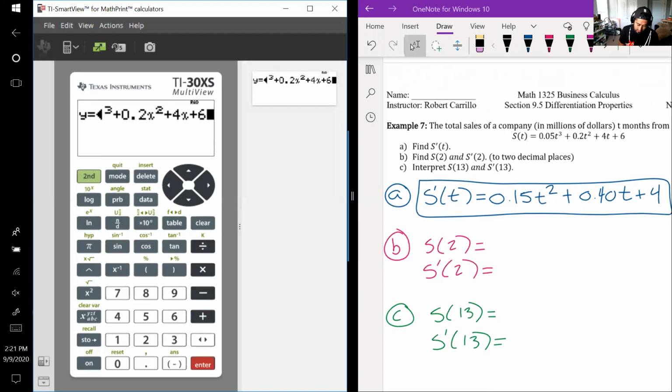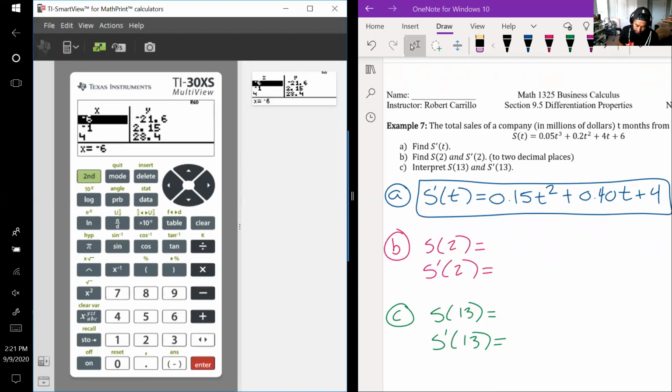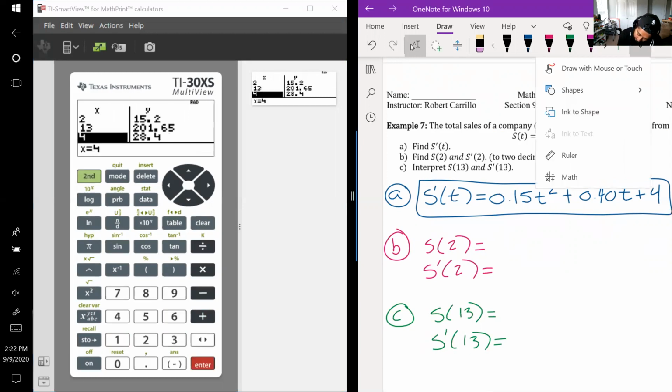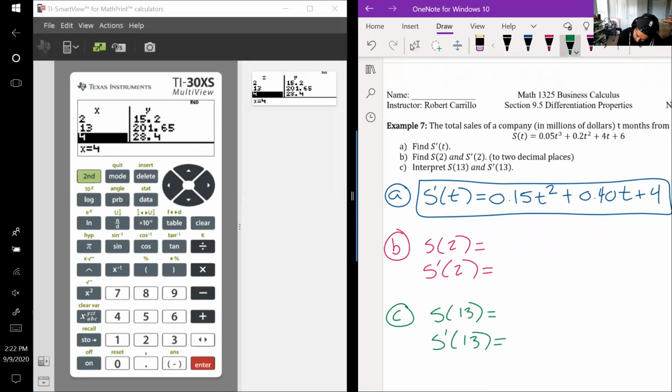All right, enter, and I'll plug in 2, and I'll plug in 13. S of 2 gives me 15.2, and s of 13 gives me 201.65.